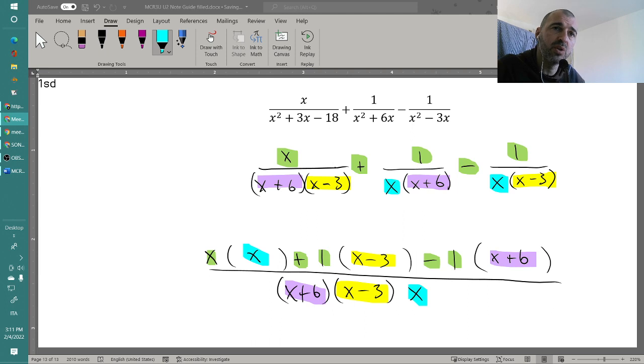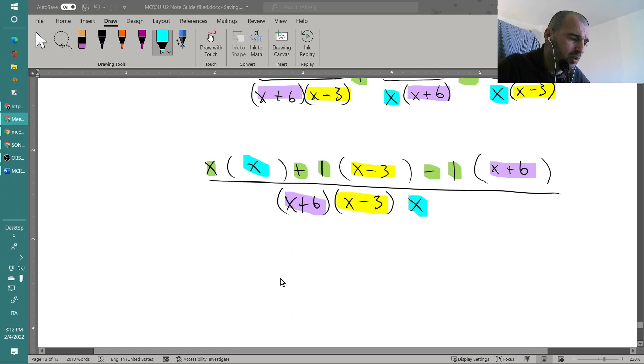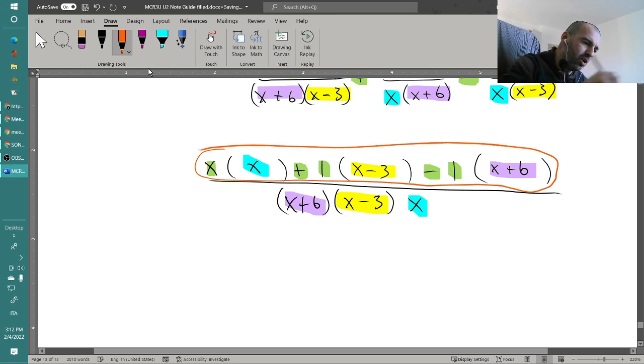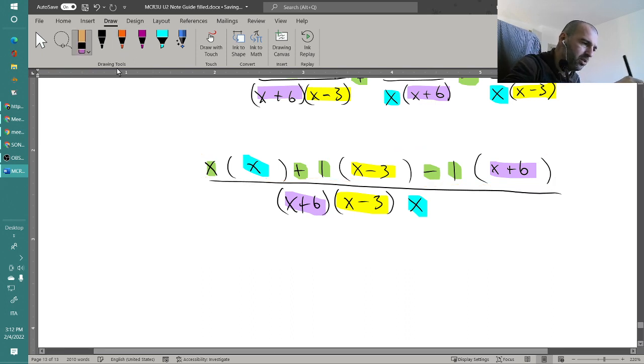Once you've reached this location, you have achieved the most of what you need to achieve. What you want to do at this point is simplify all of this numerator here, and I'll circle it in orange. All of that stuff now needs to be simplified.